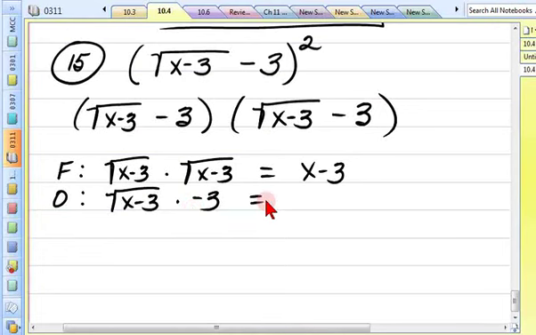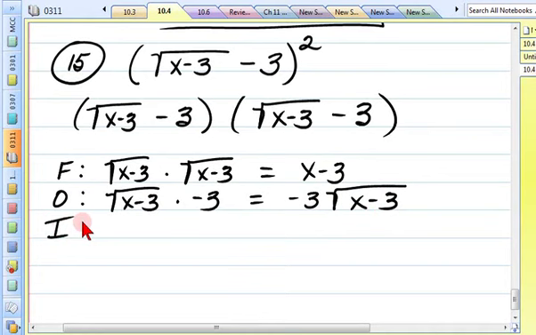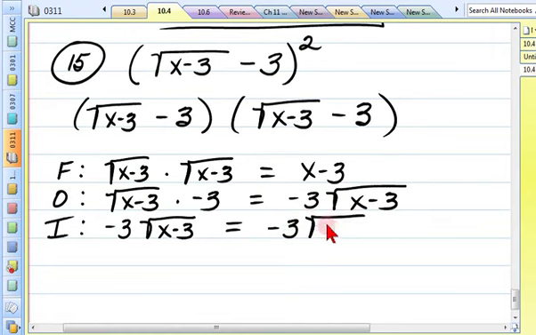I'll just put the rational coefficient in front, negative 3 square root x minus 3. Inner is negative 3 times the square root of x minus 3. I hope it's no surprise to you that the outers and the inners were the same. Minus 3 square root of x minus 3.